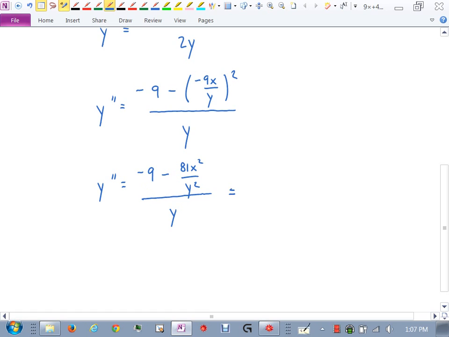Let's see what that would become. Negative 9y squared minus 81x squared over the new common denominator, which is y squared. Do you all follow that? That's just these two fractions right here put together. And then all of that over y.